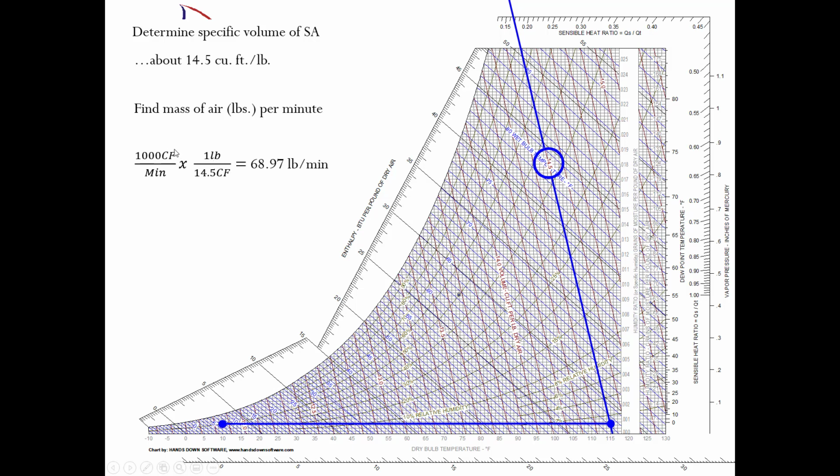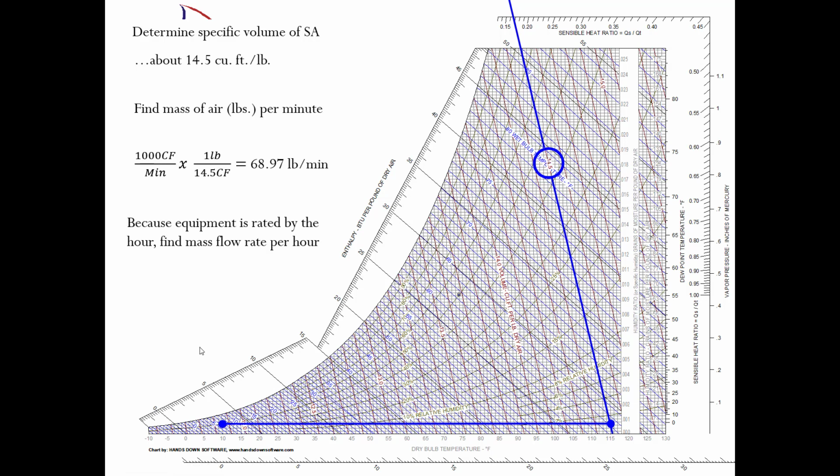We cancel our units and we get 68.97 pounds per minute of air that we're going to supply to the space. So we've basically taken this measure of cubic feet per minute and converted it to pounds per minute simply using our specific volume of air.